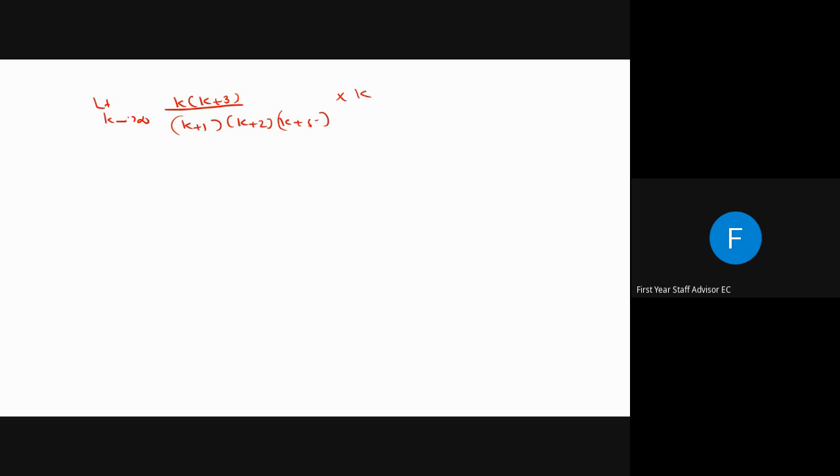Here take k square outside. Limit k tends to infinity of k square into, here k is already there.